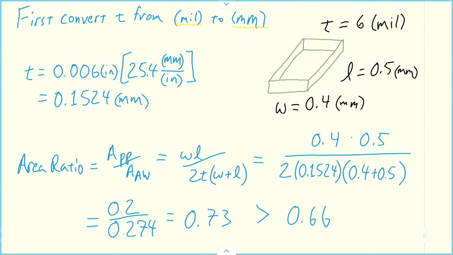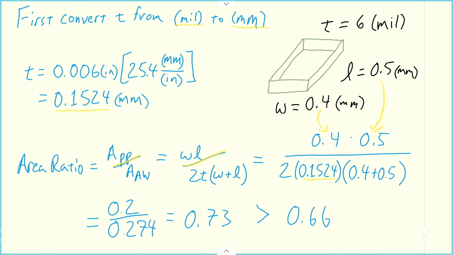This is very important. Next, we calculate the area ratio by dividing the area of the printed pad by the area of the aperture wall. This is equal to W times L divided by 2T times (W plus L), and gives the following numbers based on the diagram above and the converted thickness: 0.4 times 0.5 divided by 2 times 0.1524 times (0.4 plus 0.5).